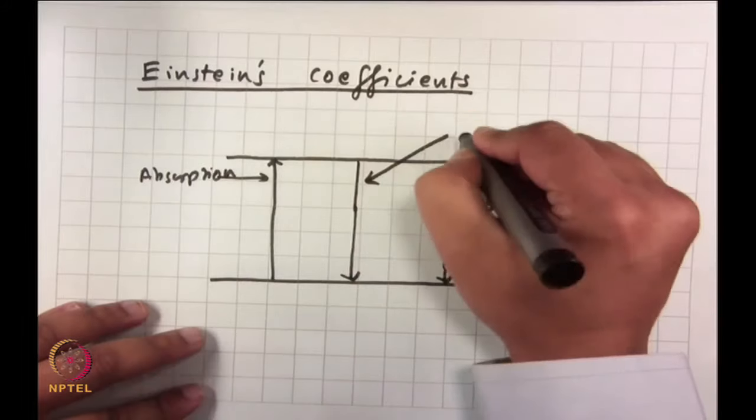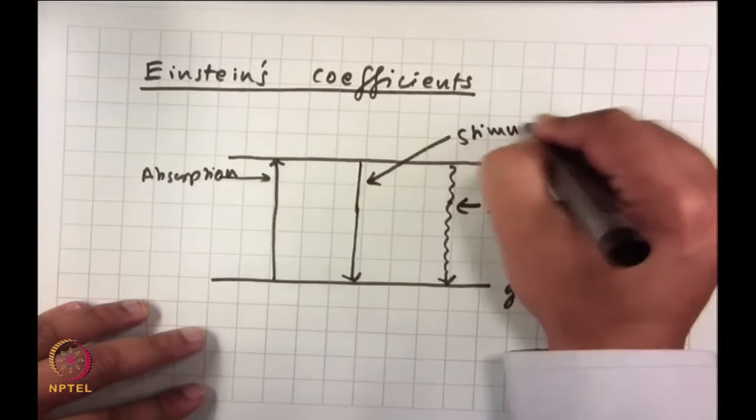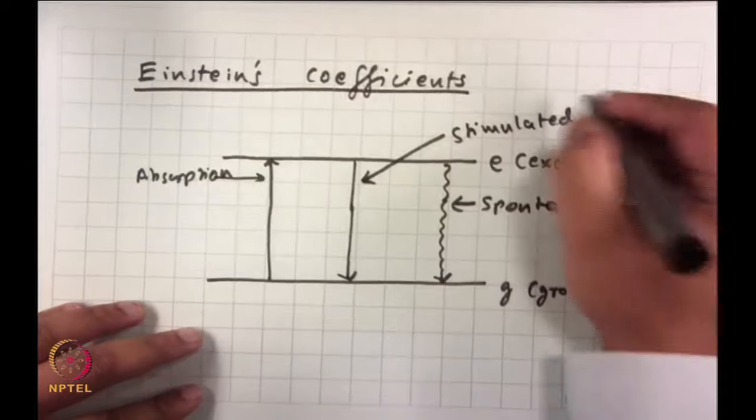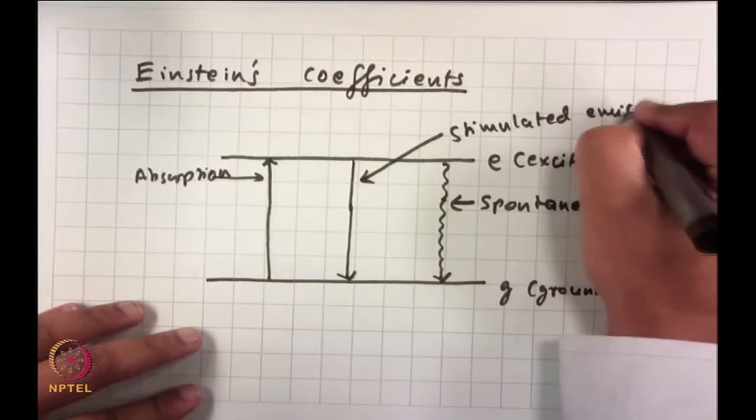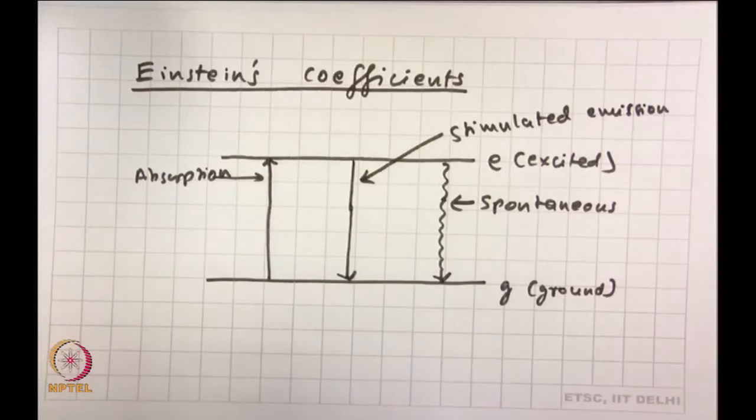This is your stimulated emission. One is a spontaneous transition, one is a stimulated transition. Stimulated emission of radiation is the principle of laser, light amplification by stimulated emission of radiation. But remember, these are 3 distinct processes.